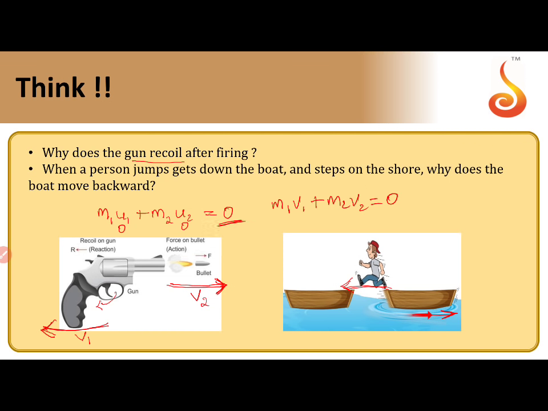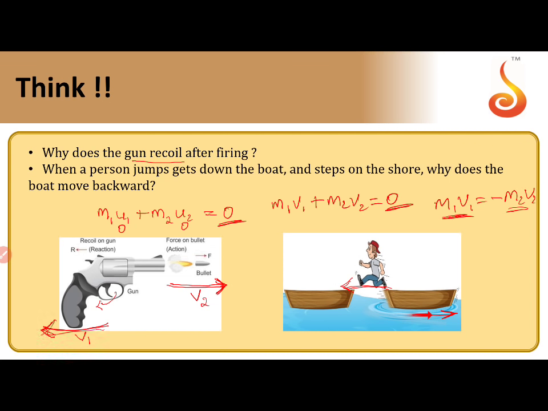The initial momentum and the final momentum are equal. If I send M2 V2 to the other side, I will get M1 V1 equal to minus M2 V2. That means the final momentum of the gun will be opposite to the direction of momentum of the bullet.